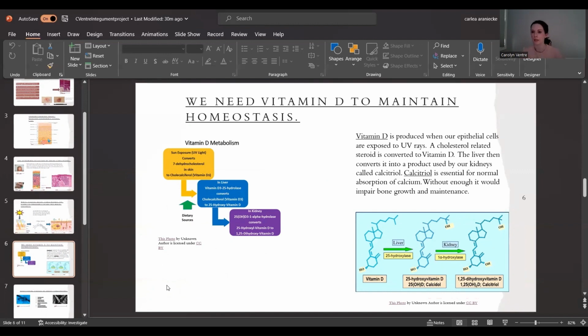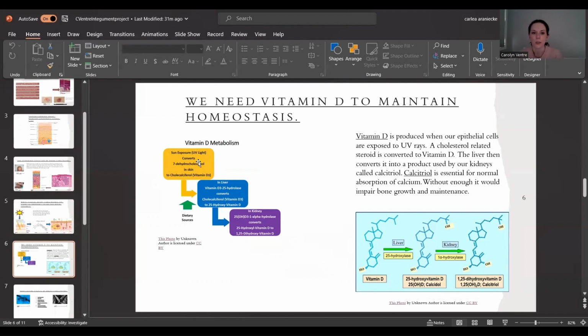Like I stated, UV light causes basal carcinoma, but we need sunlight to produce vitamin D in the body. We need vitamin D to maintain homeostasis, and vitamin D is produced when our epithelial cells are exposed to UV rays, as you can see on the left-hand side of the screen.